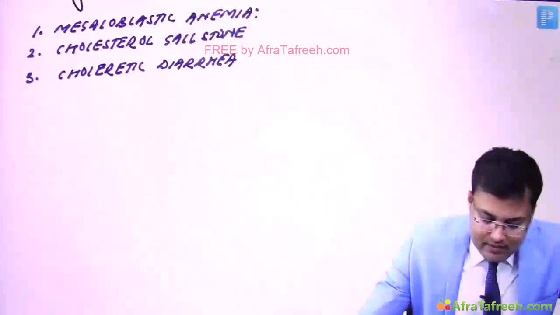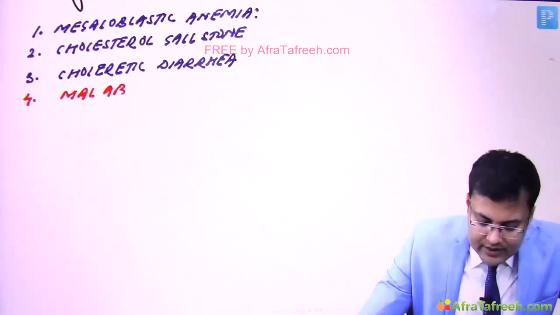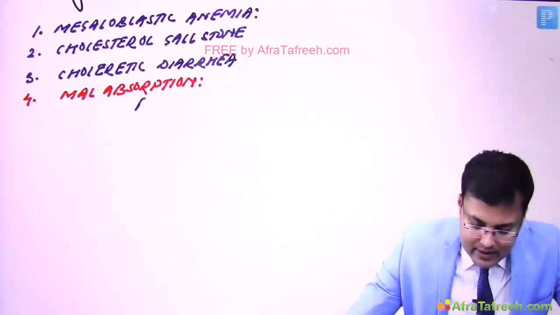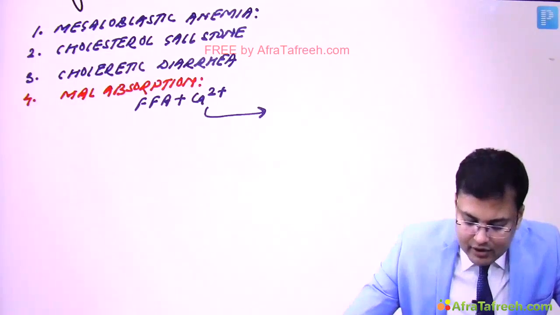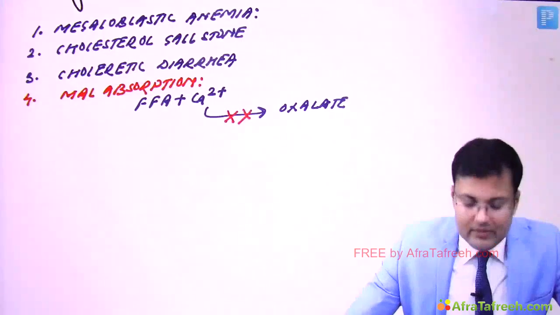So what is the problem? These patients have malabsorption because of loss of absorptive surface. So what will happen? Free fatty acid will bind with calcium. This calcium was there for oxalate, but now it's binding with free fatty acid, so it's not available for oxalate.